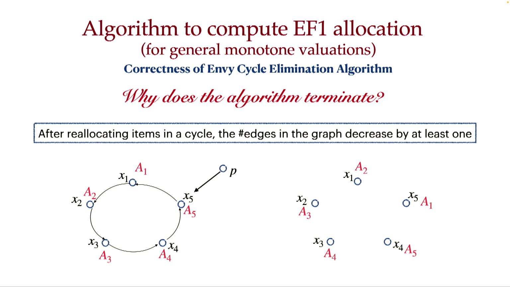Is that okay? So let us look at an agent who is outside this cycle, and let us say that person liked A5. Fine, A5 is still there. This reallocation will not make it happen that he was not envying earlier and now he will start envying.